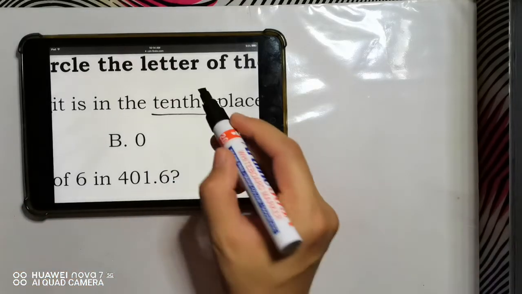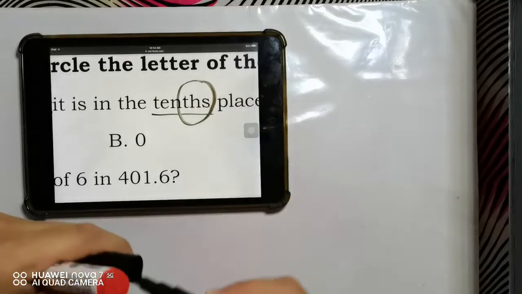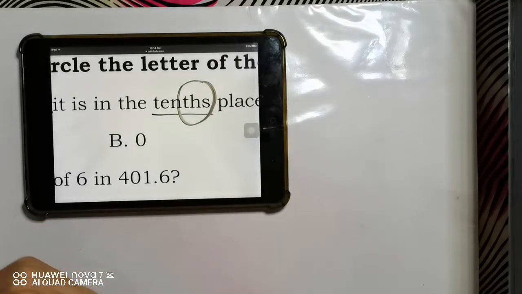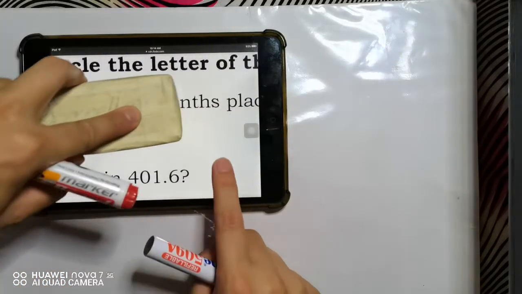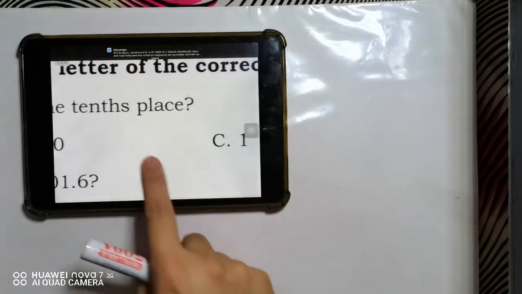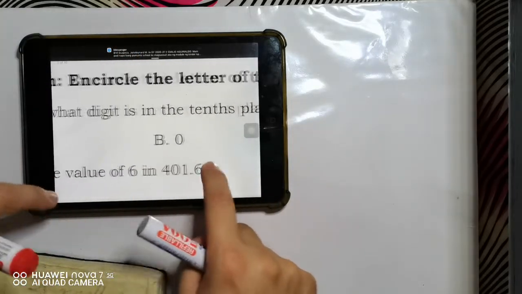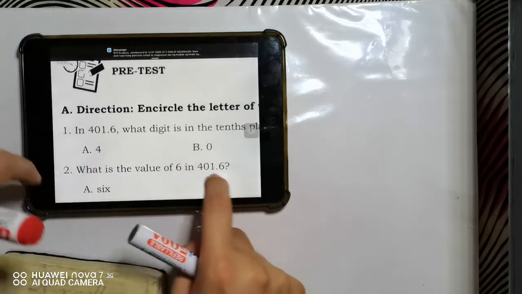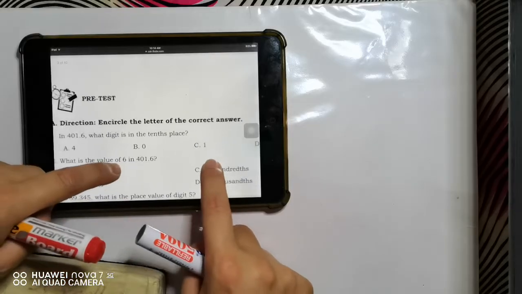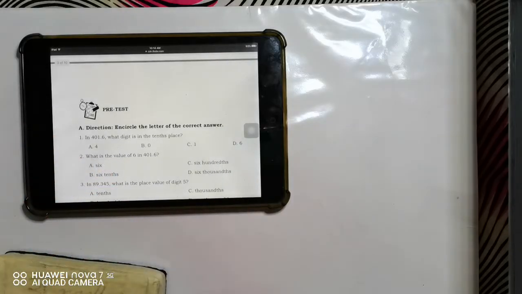So meaning, look at the spelling, meron siyang THS, meaning it pertains to the decimals, not the whole numbers. So, isa lang naman yan, which is yung 6. So, the answer here is letter D.